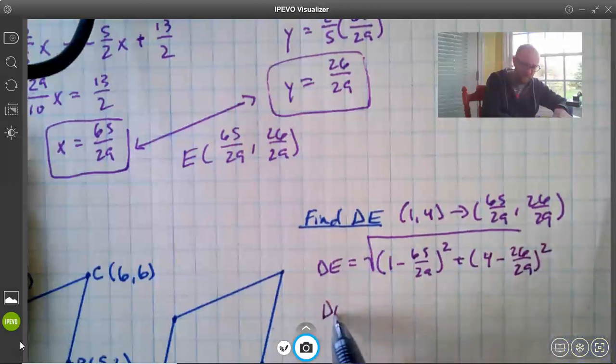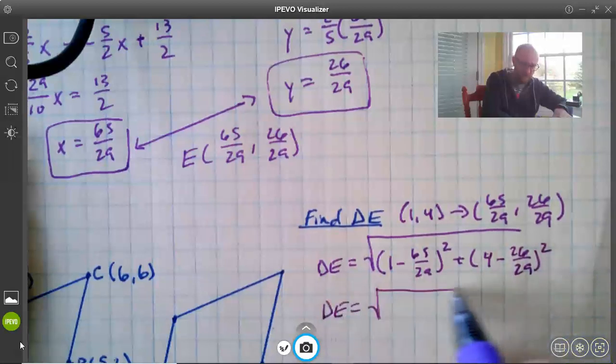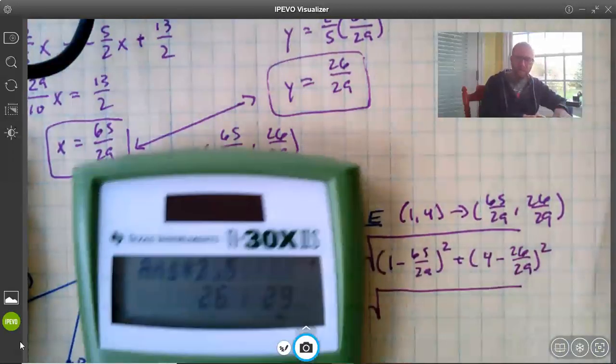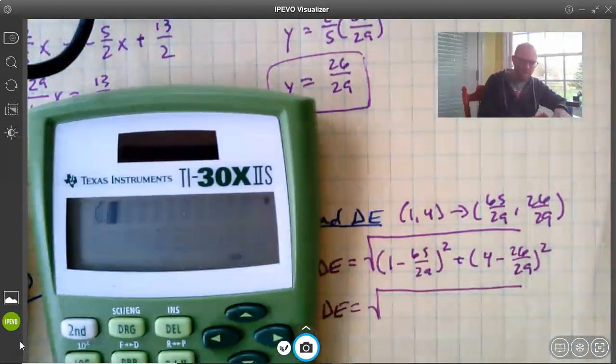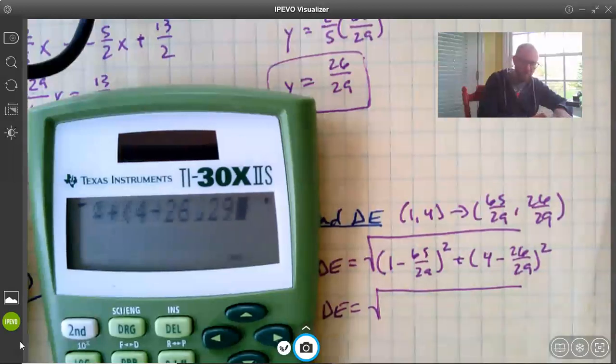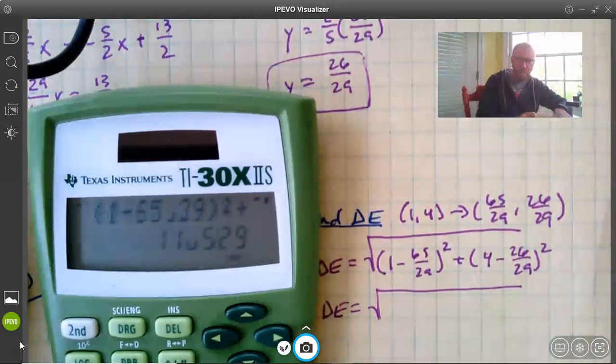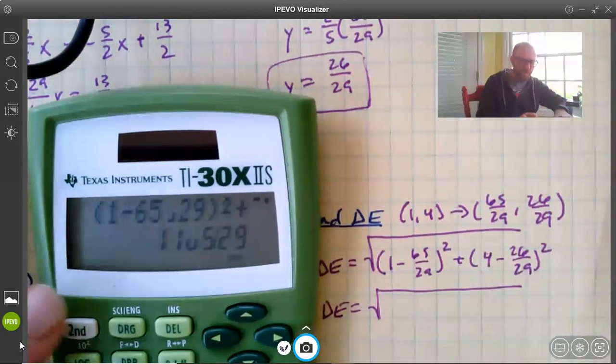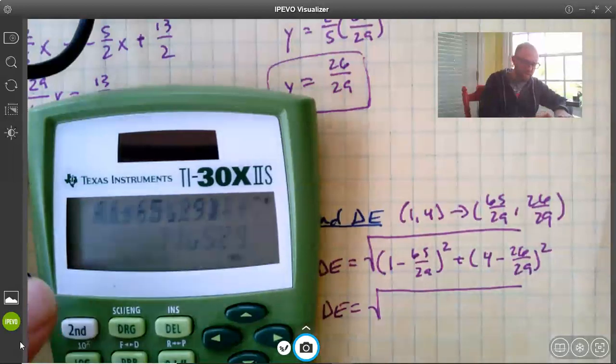Okay. Now let's work out this inside part here. 1 minus 65 over 29 squared plus 4 minus 26 over 29 squared is 11 and 5/29. Let's see.